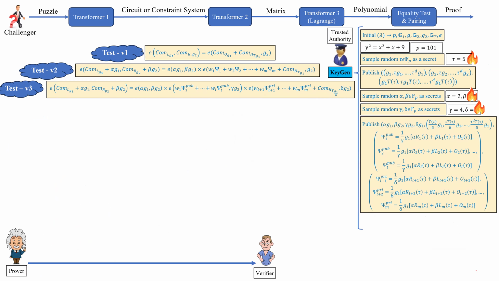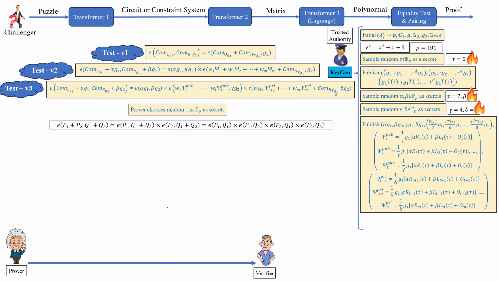To address this concern, the prover needs to choose two random values R and S, right? Different from the previous values tau, alpha, beta, gamma, delta that are picked by the trusted authority, this R and S should be picked by the prover.